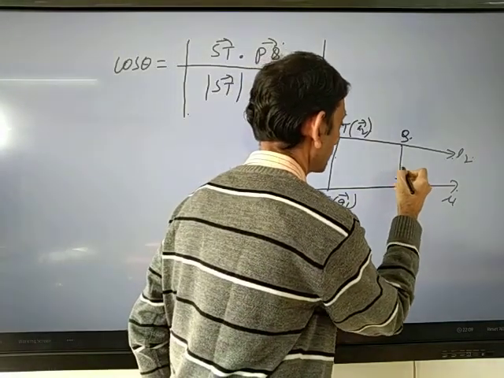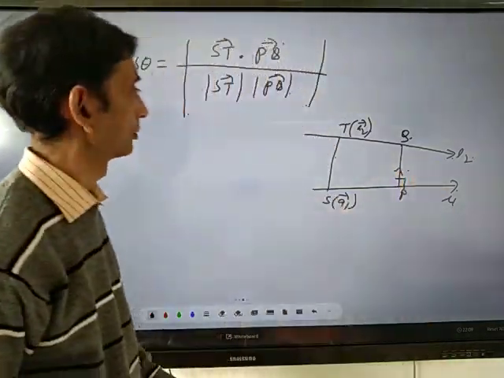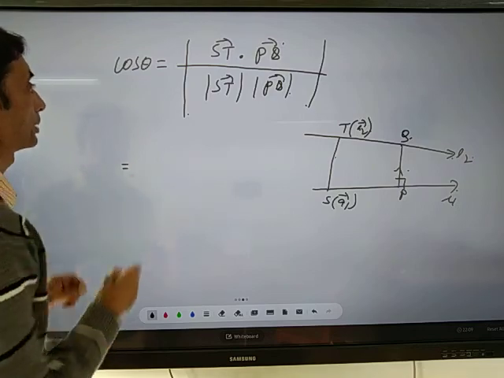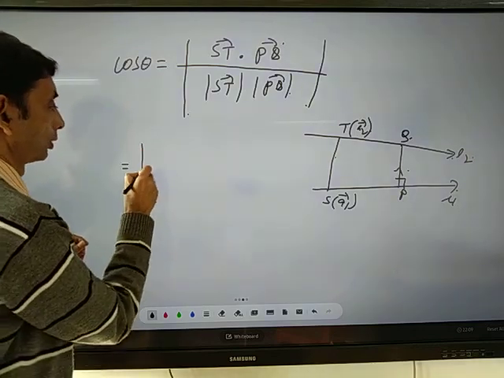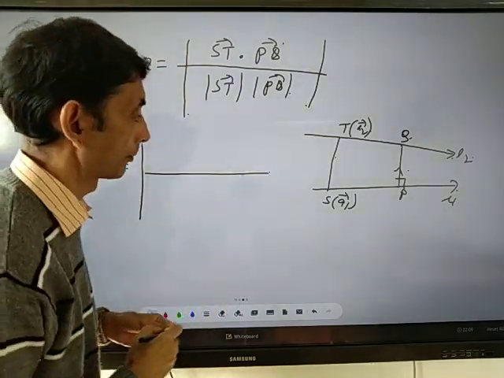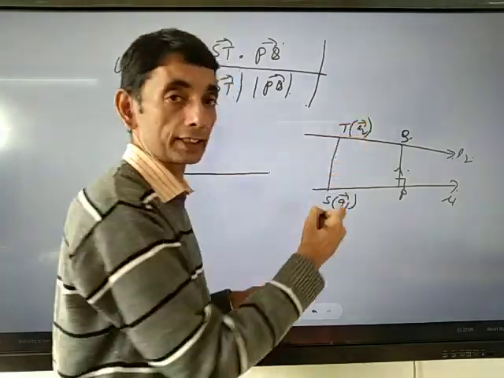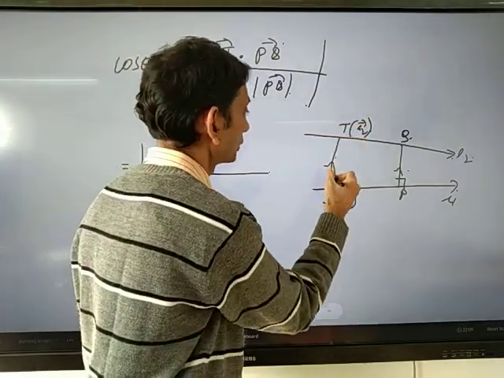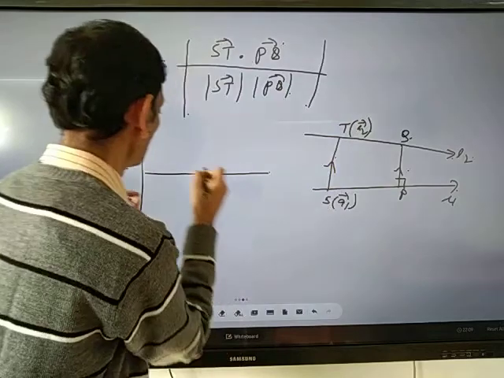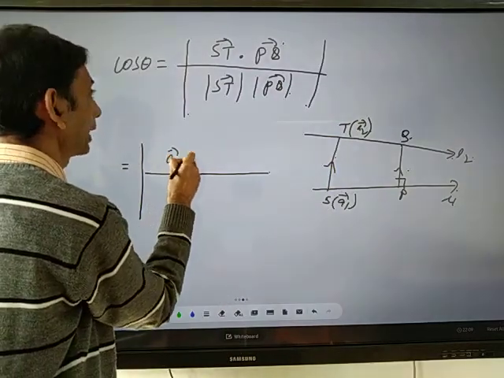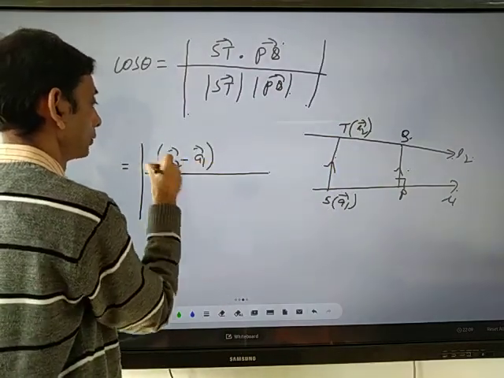This is the shortest distance vector PQ. Now ST is a vector joining two points, S and T, so this will be A2 minus A1.